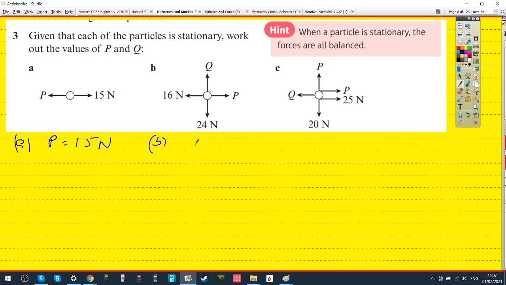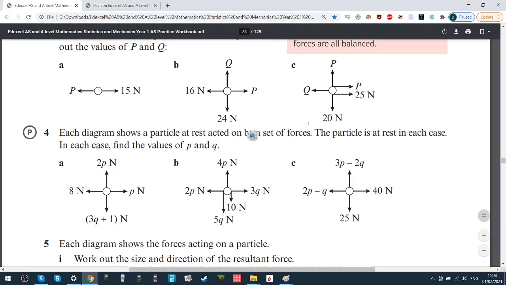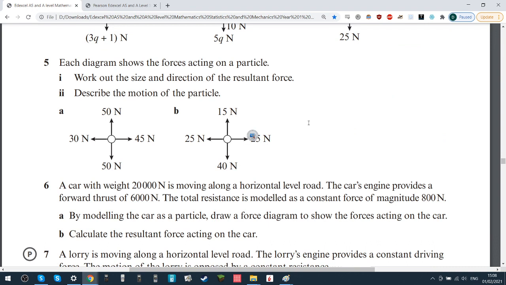So I think that P will be 20N, and then Q will be 45N. Yeah, so P must be 20 and Q must be 25. Yep, that's it. Newtons is just like centimeters, you know, it's just a unit of measurement. They get more complicated.